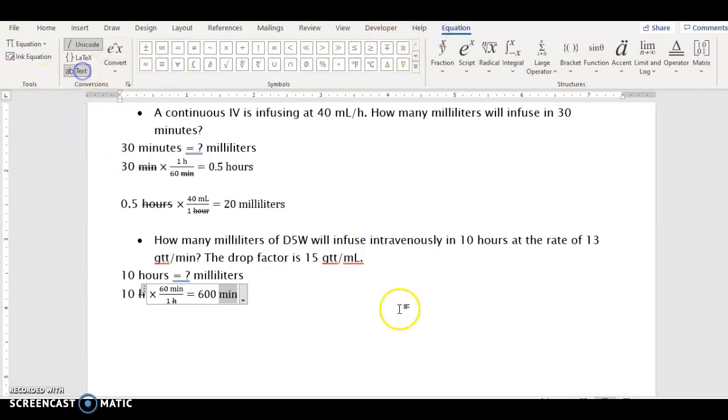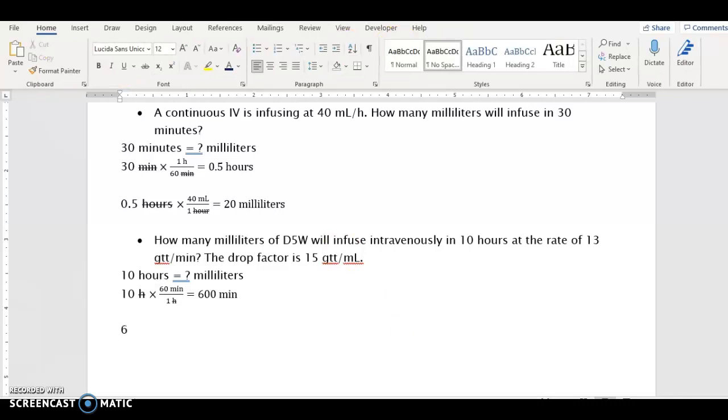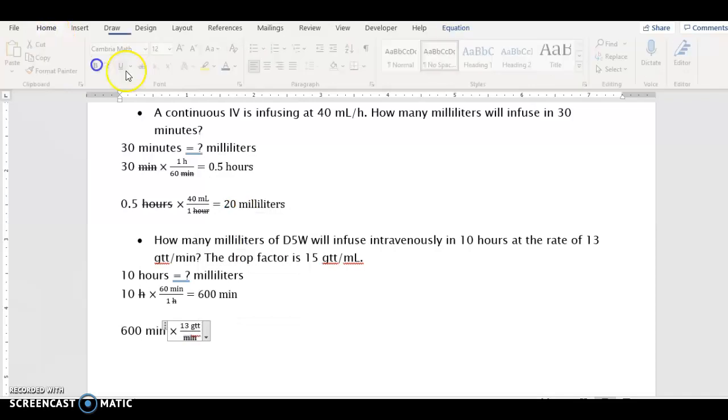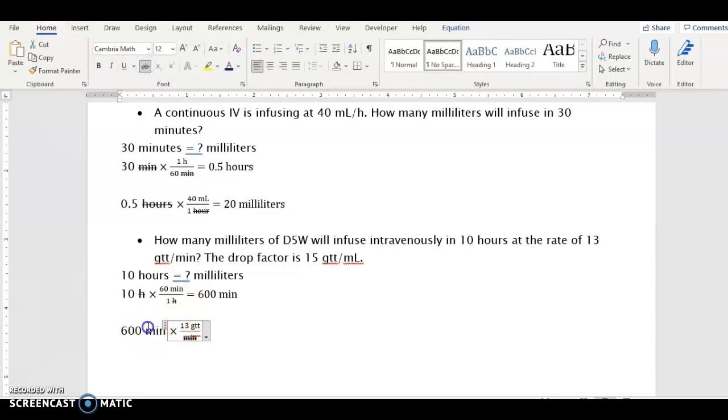Now we're going to take that amount of time in minutes and multiply by the flow rate of 13 drops per minute, so the units of minutes cancel.